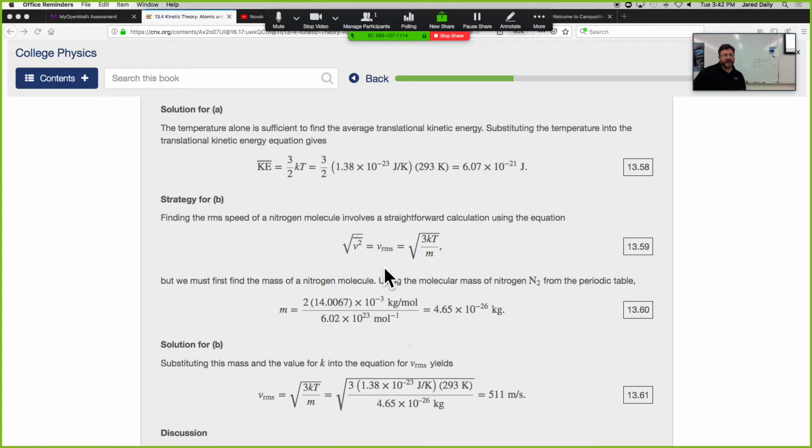And then they multiply that by 2 because there's actually 2 nitrogen atoms in a nitrogen molecule. And then you get 4.65 times 10 to the minus 26 kilograms of mass per nitrogen molecule. And then you plug that mass and the temperature into the RMS equation for velocity, and get 500 meters per second.